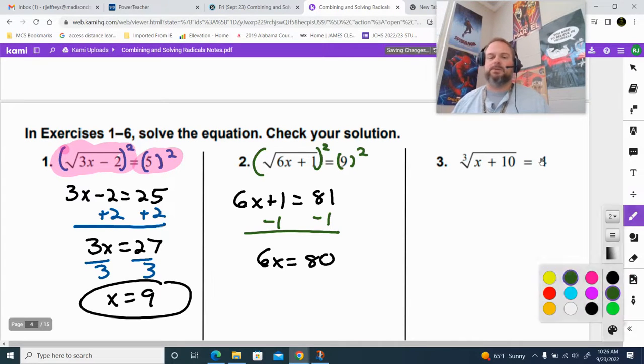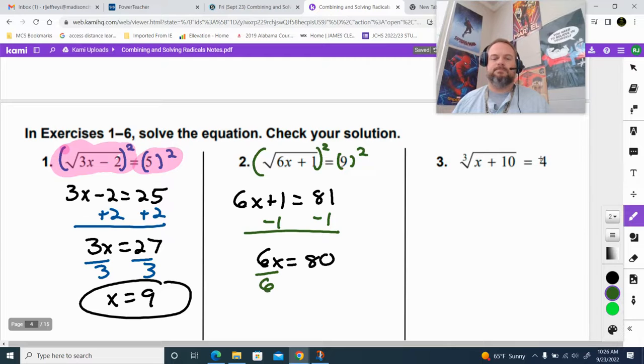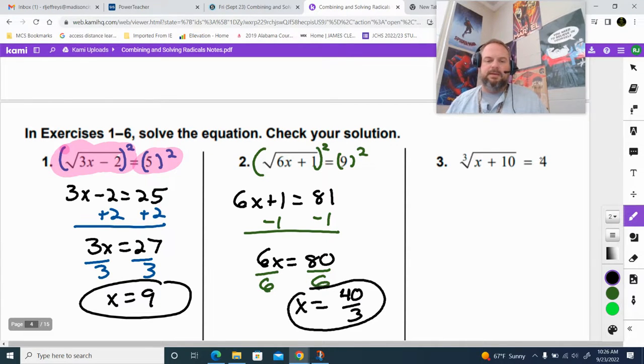And then what would we do? 80 divided by 6. Okay. So I got a decimal, so let's leave it as an improper fraction because that's more fun. Yeah. 40 over 3.